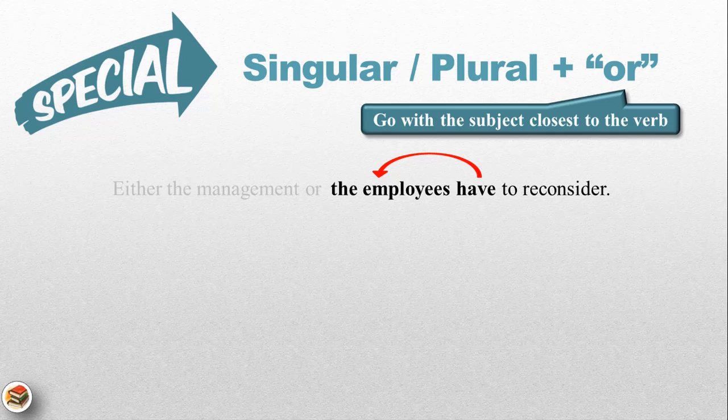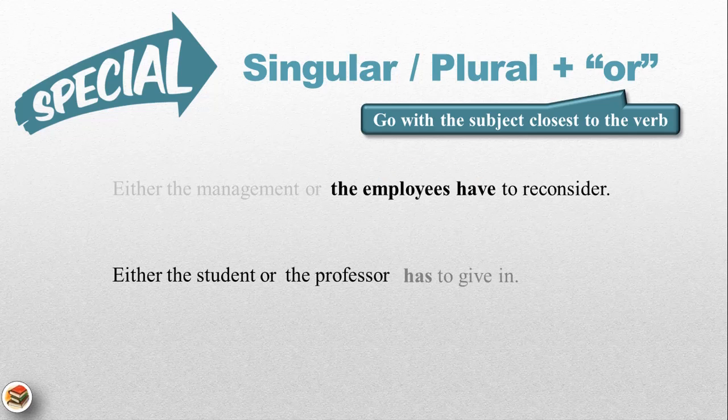We're going to make that match employees because it's closer to the verb, it's closer to the have. Here's another example. Either the students or the professor has to give in. Same idea here. Since the professor is closer to the verb, has, we'll make those two match.